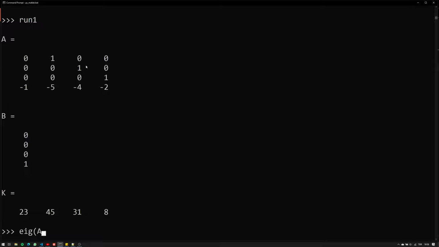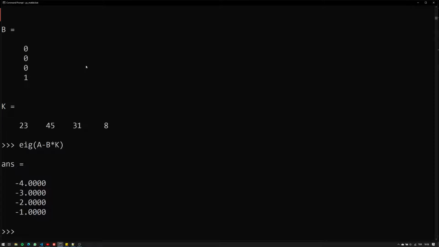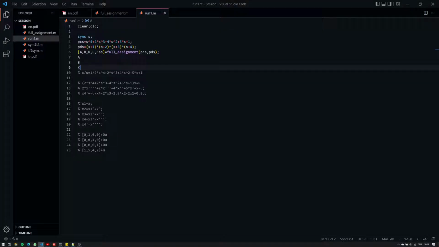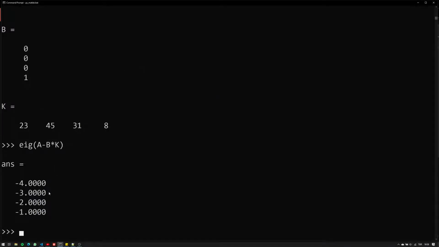In order to see if it's really correct or not, I can see I have the eigenvalues -1, -2, -3, and -4, which was initially this PDS here. Here, you can see that one of the poles is -1, the other one -2, -3, and -4. And you can see these are the eigenvalues. The poles of a transfer function correspond to the eigenvalues of A. So therefore, we should be good to go.